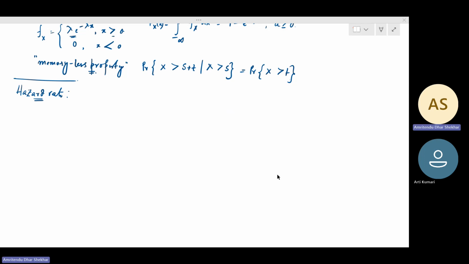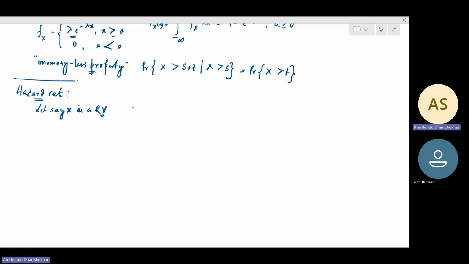So the hazard rate is a function. Let's say x is a random variable, and throughout today's discussion we're going to deal with nice random variables, all continuous, and more than that, they admit probability density functions. I would not mention continuous or having a density function; they will be assumed in today's discussion.